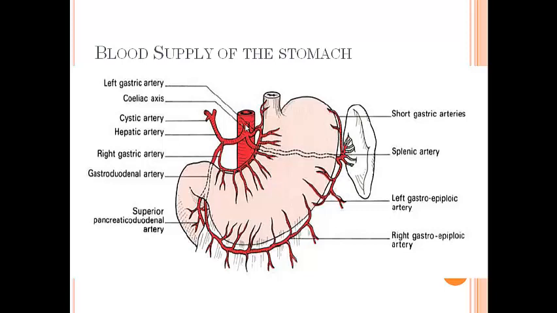So the celiac trunk is an artery that comes out of the anterior aspect of the aorta, and it divides into 3 arteries, which are this one here, this second one here, and this third one here. The first artery that comes out towards this side is called the left gastric artery.